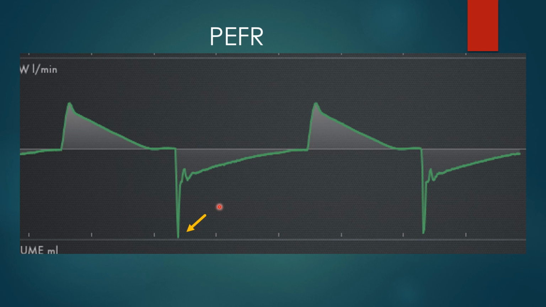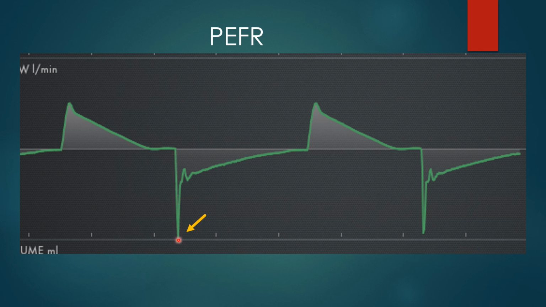If you have an asthma patient and his peak expiratory flow is 30 and the next day it's 20, he got worse. So this is not the same peak expiratory flow rate we use with our peak flow meter or when we're doing PFTs. This is not a forced maneuver. This is a passive exhalation. So this is just where the peak expiratory flow goes to when the patient exhales passively.